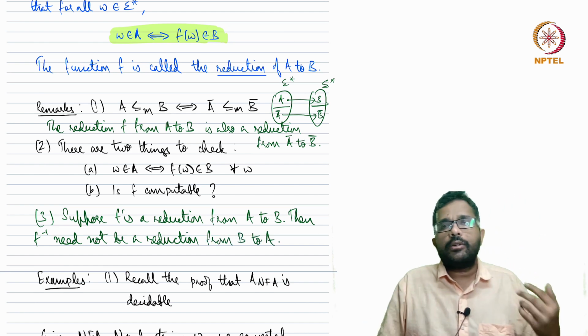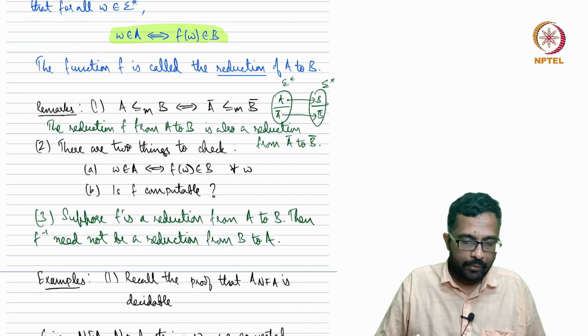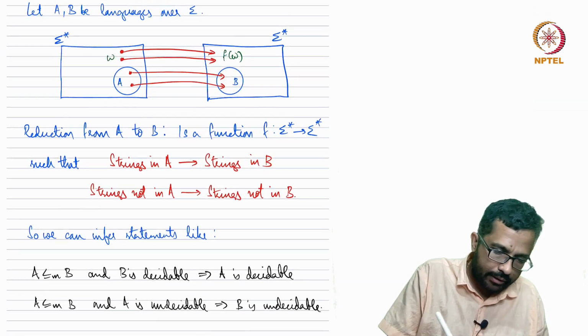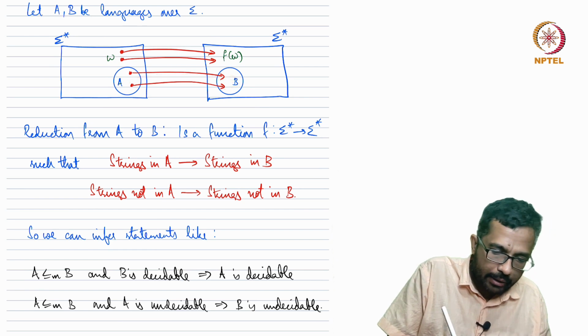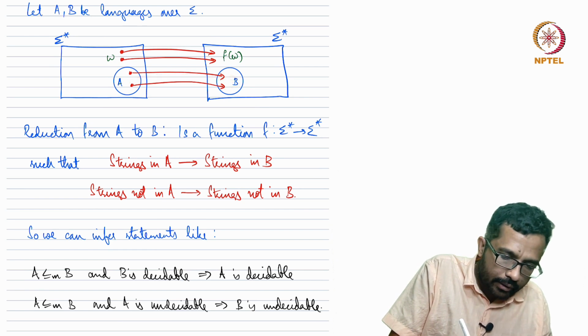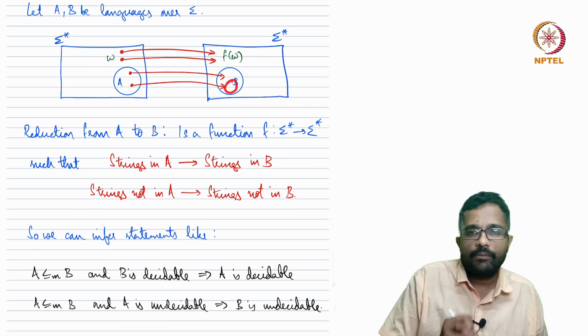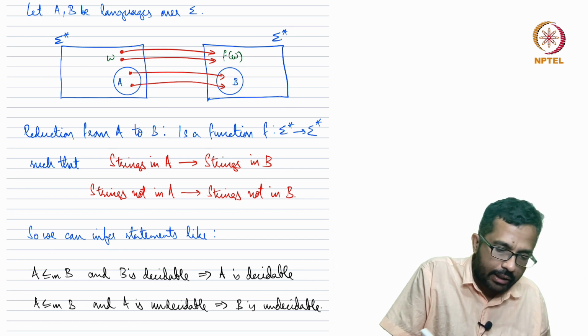So the main reason is that we may not be able to just invert the function. The only thing that we are saying is that everything in A should map to something in B. Perhaps everything does not go to all of B. The image of A may be only a subset of B. So we cannot invert the function.